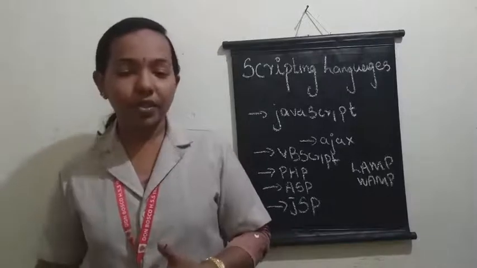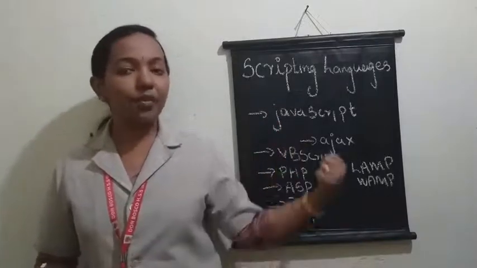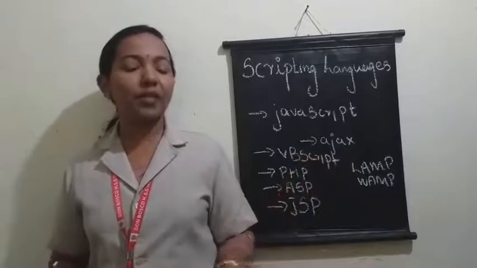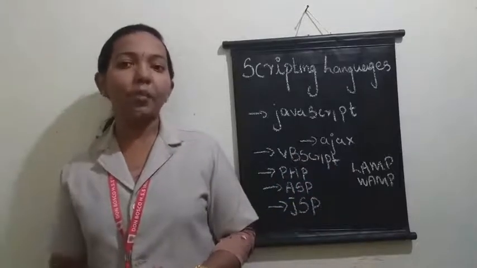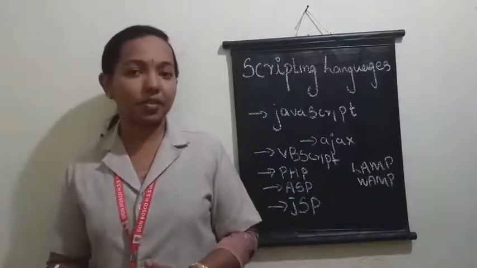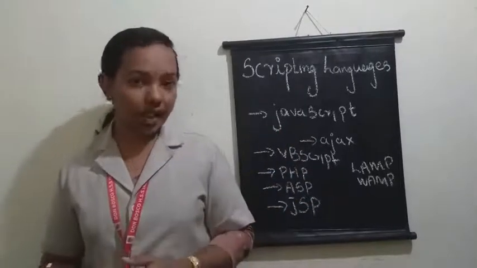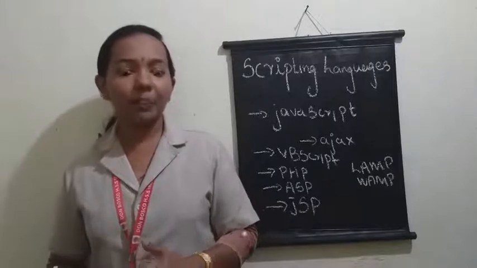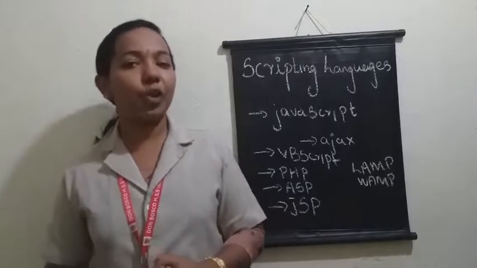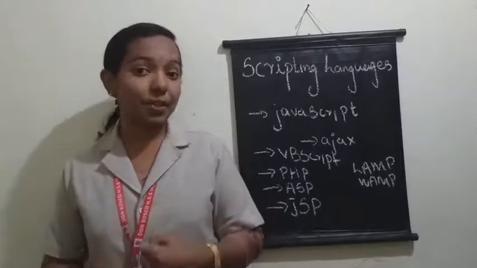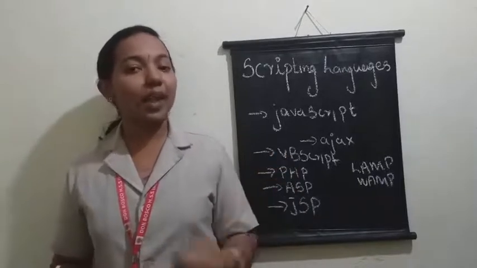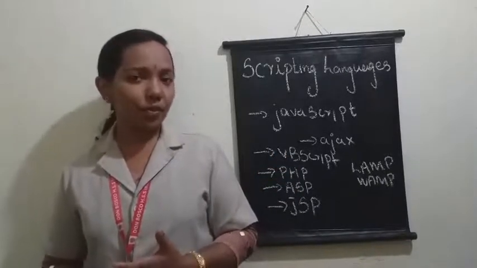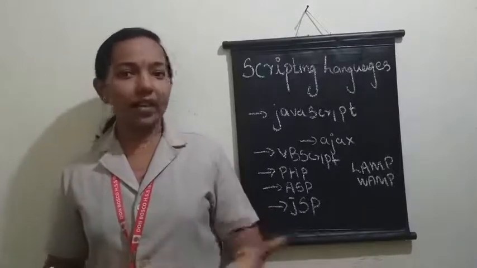From this list, JavaScript and PHP we are going to discuss in the coming chapters. Client-side script using JavaScript is one chapter, then server-side script using PHP. These two languages we are going to study in Plus 2 itself, because they are included in your practical section. I think the concept is clear.